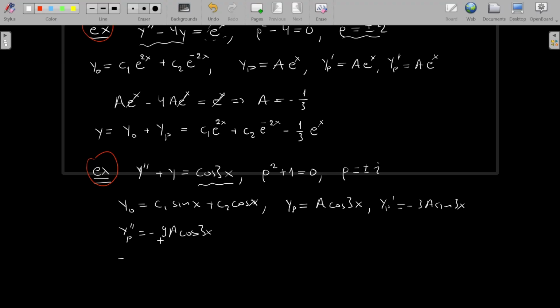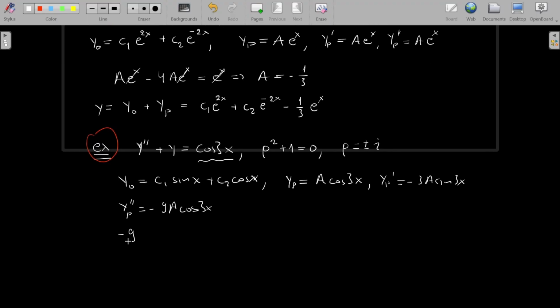So we will plug everything in: minus 9a cos 3x plus a cos 3x is equal to cos 3x. This cancels out, so a is minus 1 over 8.